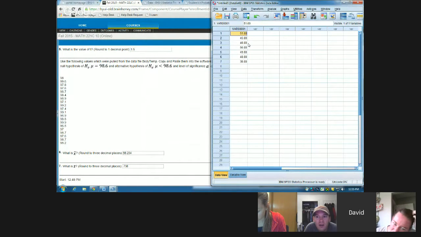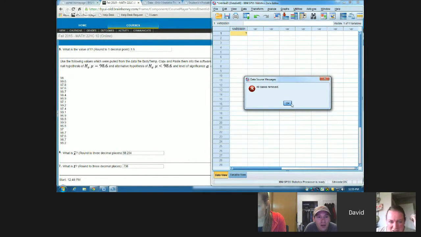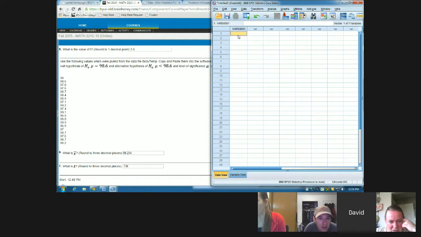Yeah, I think so. If you're looking at the graph, it does go down to 148. So I think that would be the sample size, because it's telling us to use the data from the data file.